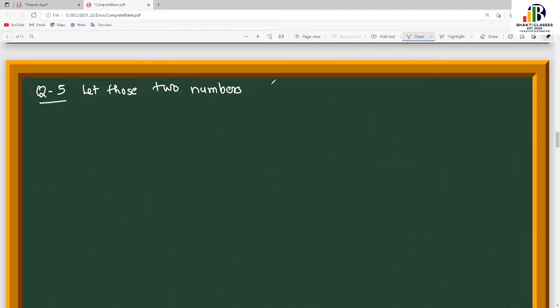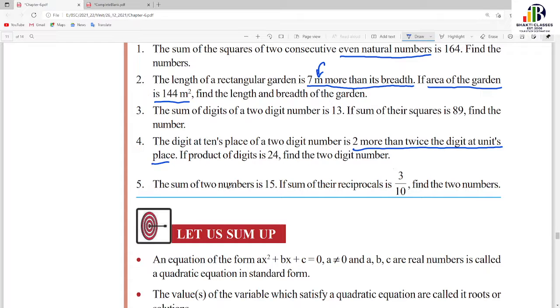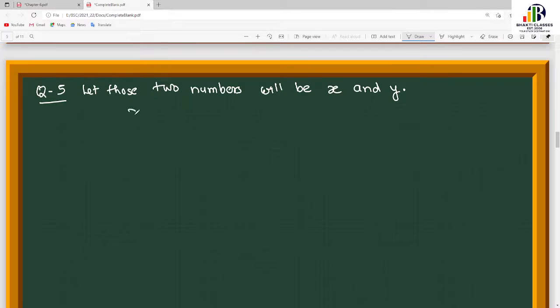Let those two numbers be x and y. What have they given next? The sum is 15. So x plus y is equal to 15, so that y is equal to 15 minus x. This is equation number 1.